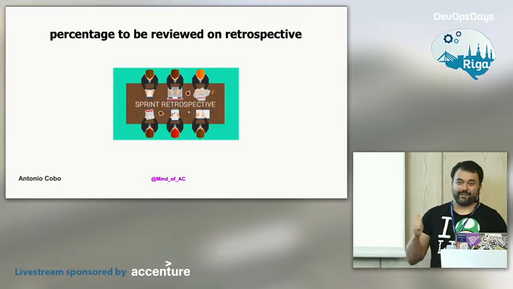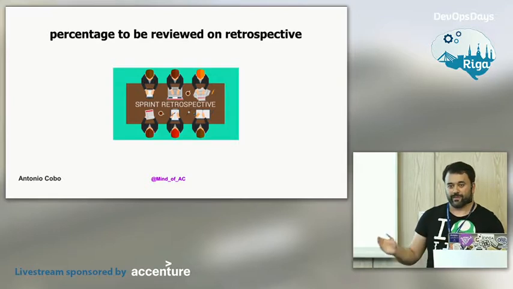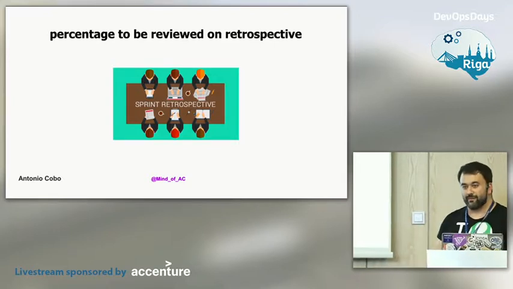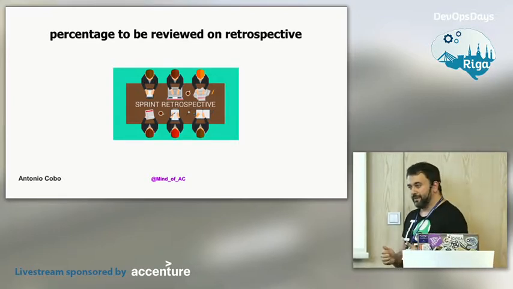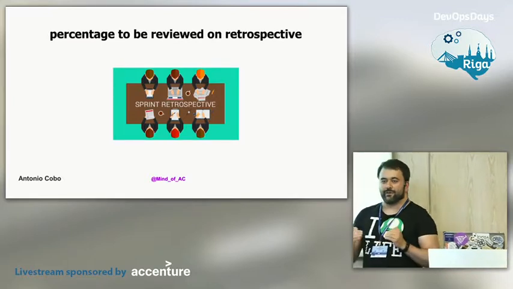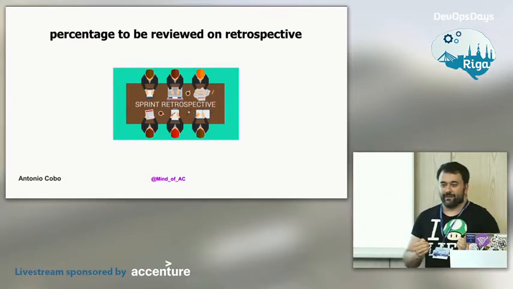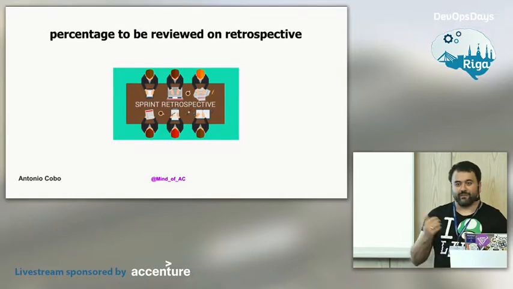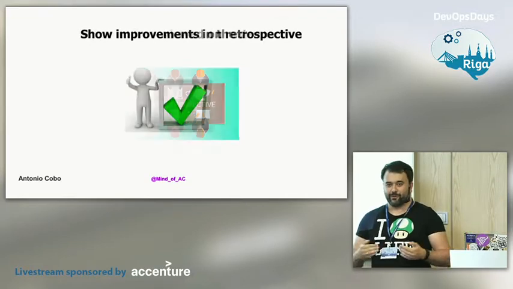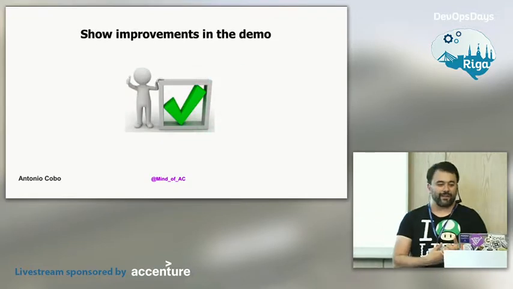And that percentage is not fixed for the whole duration of the project. You have to review it at the end of the sprint in the retrospective. It's important to know whether you are dealing with it correctly, and it's not the same on sprint number 3 as on sprint number 50, because usually you will need to spend more time.